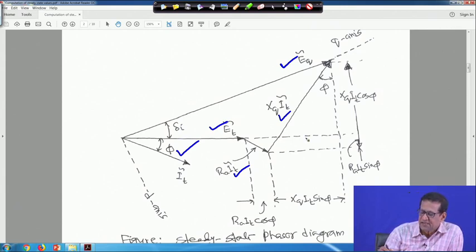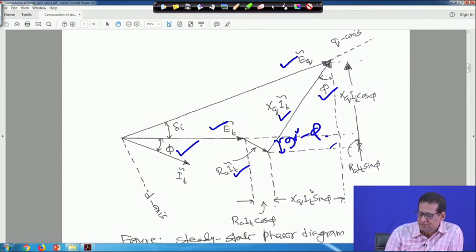Therefore, if you take the projection, this is XQ IT, and this is my angle phi, and this angle will also be phi from simple geometry. Therefore, this portion will be XQ IT sin phi, because this is phi, this is 90 degrees, and this is 90 degrees minus phi.